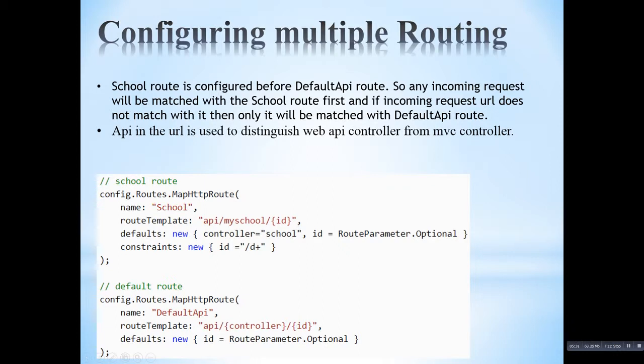If it is not a school request, then it will go to the default one, but if it is a school request like api/myschool, then it will be serviced by the school route. If a request is not handled by any other route, it will come to the default route. In this way we can set different routing paths in the Register method.